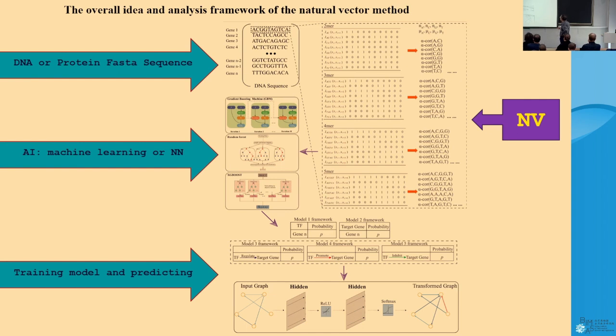Basically we try to convert those sequences into numerical points. That's our natural vector method. Once we get those, you can call this embedding or encoding, using the natural vector, then we can combine it with AI: machine learning or neural networks.